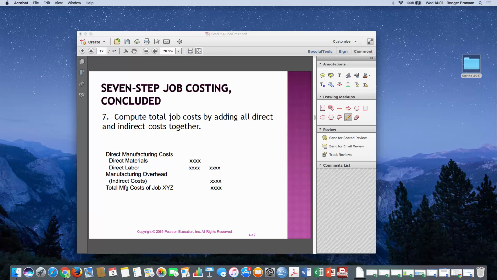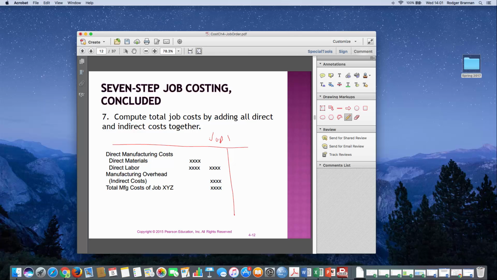So the job is, in a sense, a collection of debit entries. So I could say this is job 1. As I add direct materials, I'll simply make a lot of debit entries. As I add direct labor, and again, labor in manufacturing is not an expense, it is to be capitalized.